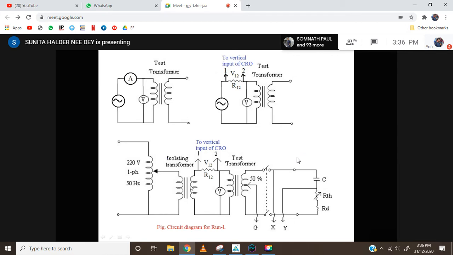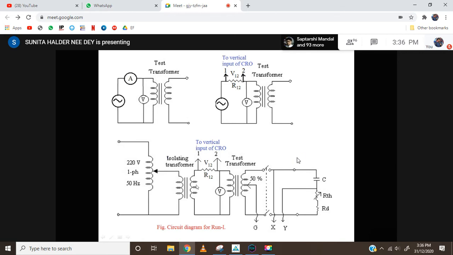Why do we need the isolating transformer? We are observing some waveform, so that should be free from any electrical noise or discrepancy coming from the input side. An isolating transformer gives electrical isolation, because in a transformer there is no connection between primary and secondary.